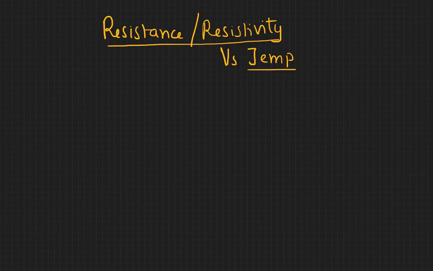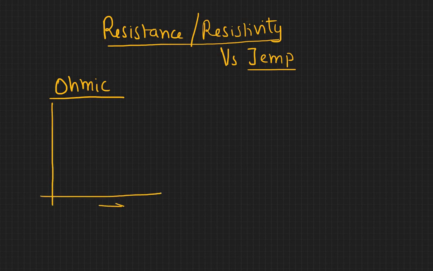Now finally, let's look at the relationship between resistance or resistivity versus temperature. Generally for ohmic conductors, as temperature increases, the electrons move much faster. So your resistance or resistivity increases with temperature, something like a straight line.